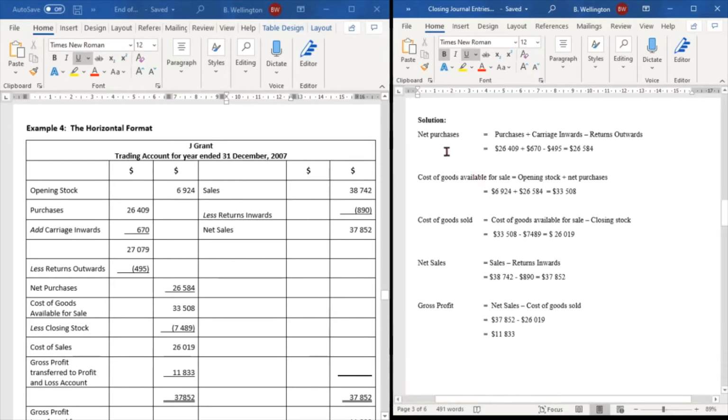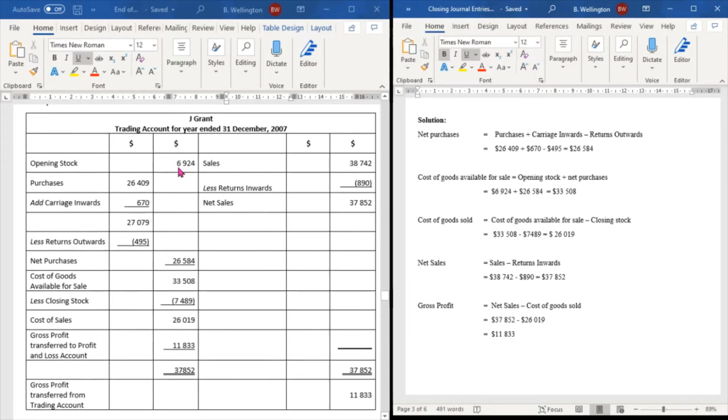Okay, so here are our calculations, and let's compare it with our trading account. That's what they asked for. They did not ask for the profit and loss account, just the trading account. Okay, so the opening stock, remember how we calculated our net purchases and all of that?